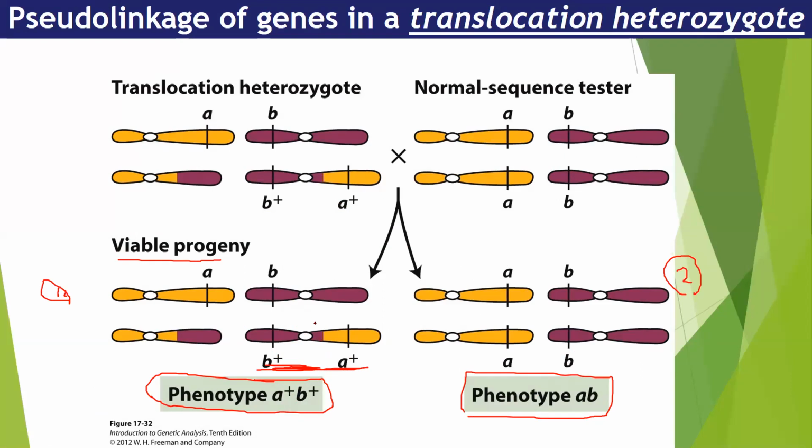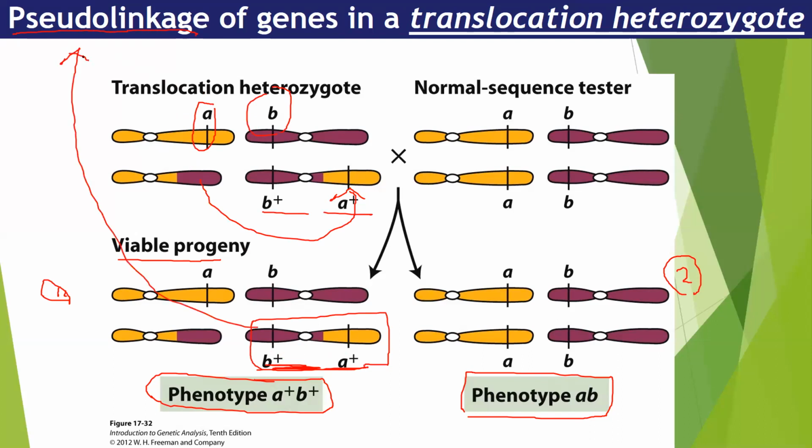So this translocation will produce a genetic phenomenon called pseudolinkage. Initially they are not linked. However, because of the translocation, these two wild type alleles are on the same chromosome. So if you do the test cross, this will give you pseudolinkage. This is one possible genetic phenomenon you can observe because of the translocation.